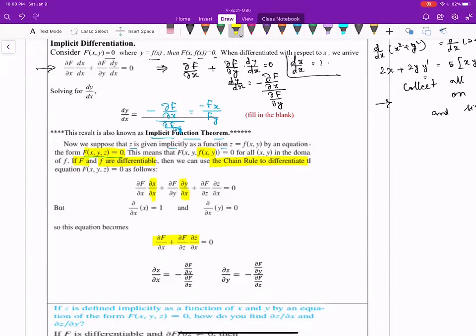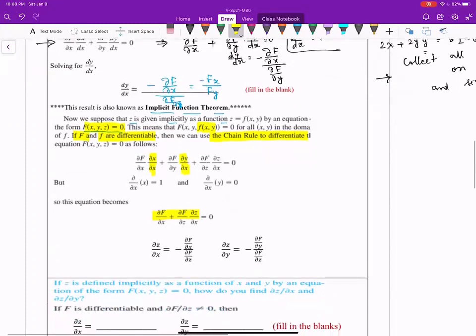So we get the partial derivative of F with respect to x, plus the partial derivative of F with respect to z times dou z by dou x equal to 0, which results in dou z by dou x equal to negative dou F by dou x over dou F by dou z.